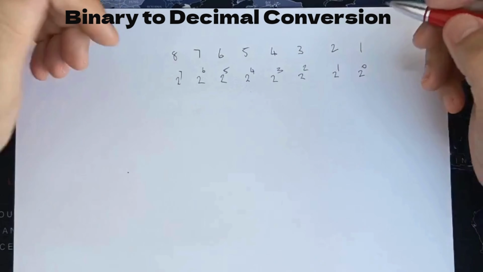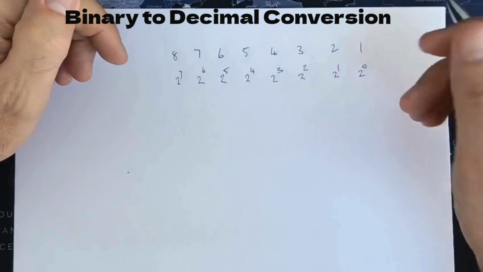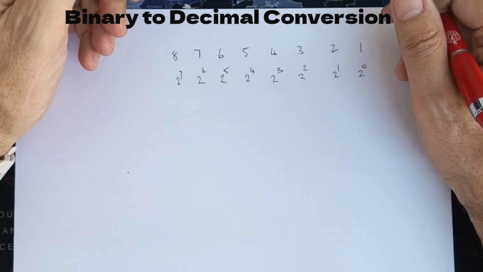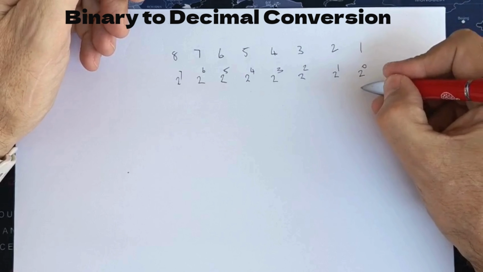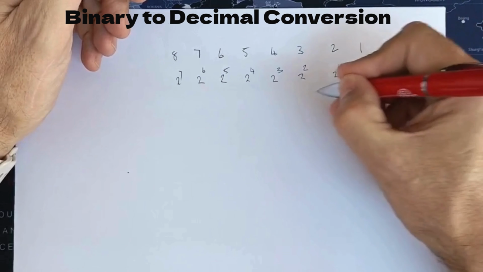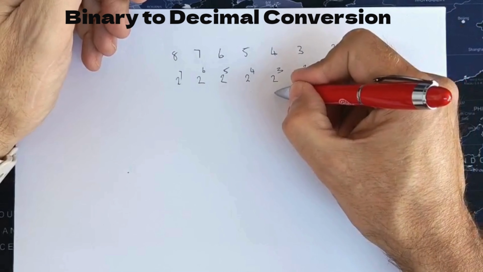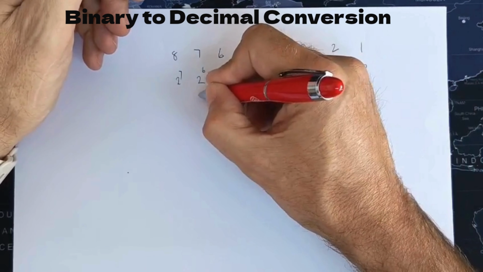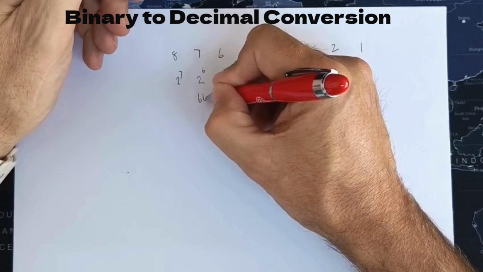Doing our calculation, we get a bit value starting from 1 on the right and ending with 128 on the left. So 2 to the power 0 is 1, 2, 4, 8, 16, 32, 64, and 128. Now by adding the values of the bits set to 1, we calculate the decimal value for that octet.